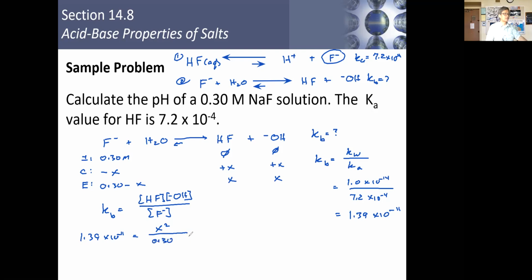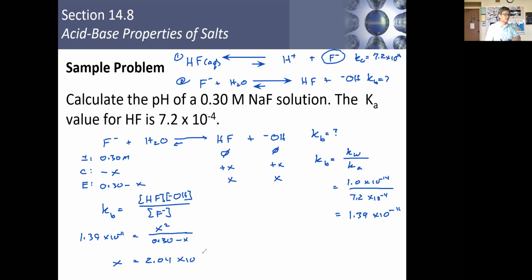0.30 minus x. Okay, the 5% rule here, folks, will absolutely hold. 0.3 here is 10 to the minus 1, and this is 10 to the minus 11. You can do the check afterwards if you want to, but the 5% rule is going to hold, so ignore the x down here. We can solve for x. I get x equal to 2.04 times 10 to the minus 6.